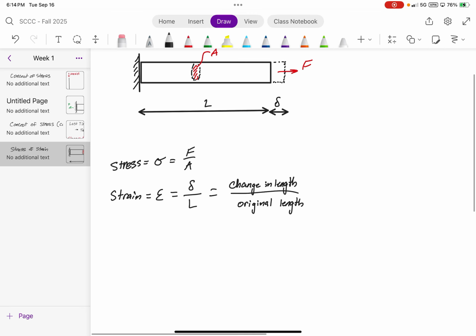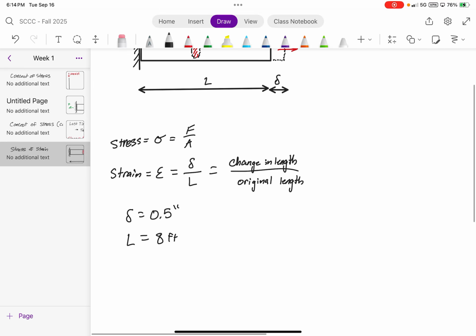So let's just start off with an example. Let's say we've got a bar that deforms by about 0.5 inches. And this bar has a length L equal to about 8 feet. What would the strain equal?